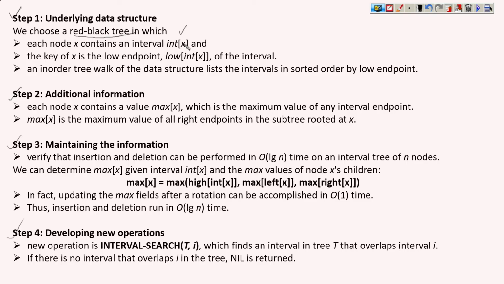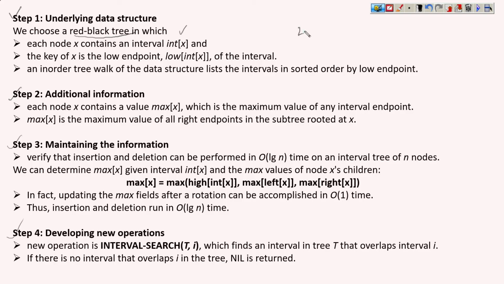So here the key value is defined as low of int x, meaning on the basis of the lower value we are making our decisions. For example, when we are inserting any interval, to decide where to forward it, whether to the right subtree or the left subtree, it is decided on the lower value of the root value.